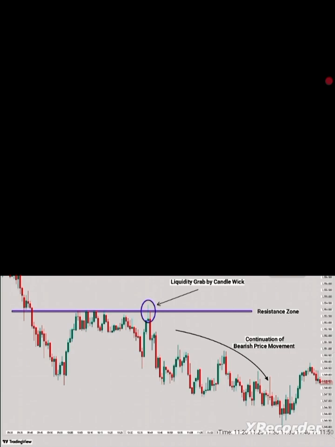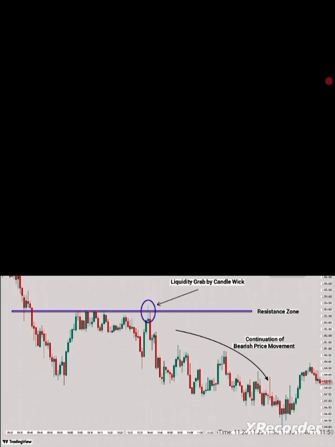bullish, now what you have to do is to use your horizontal tools to underline your support and resistance regions, the significant support and resistance zones. This is mandatory.